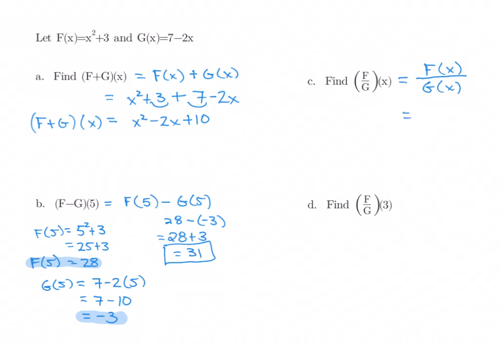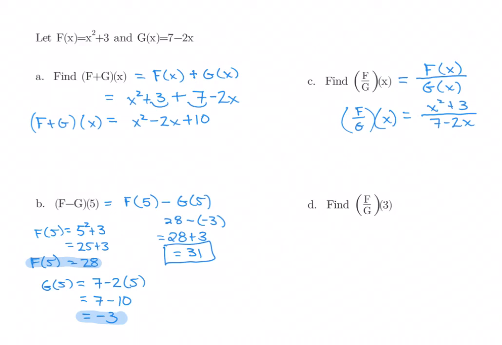And so if we plug in, we get x squared plus 3 over g of x, which is 7 minus 2x. And as I said, you can't really do anything with it from there. That takes care of example C.